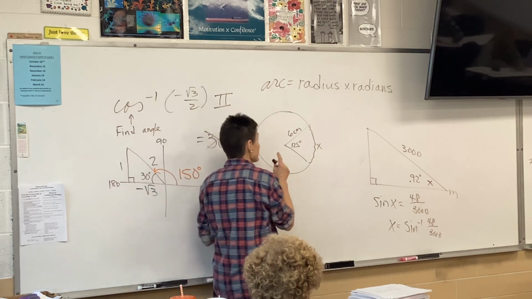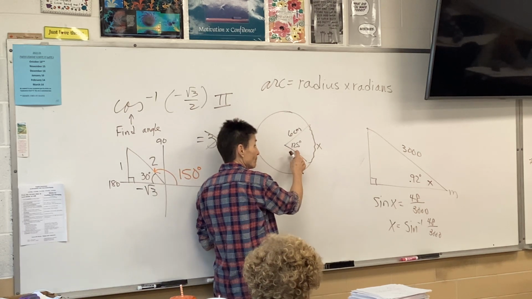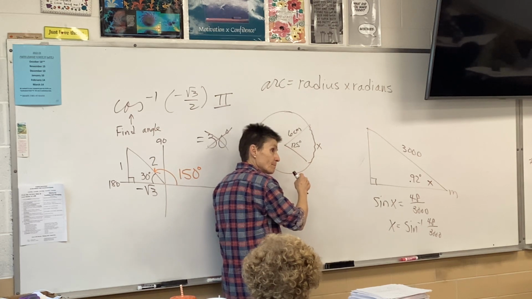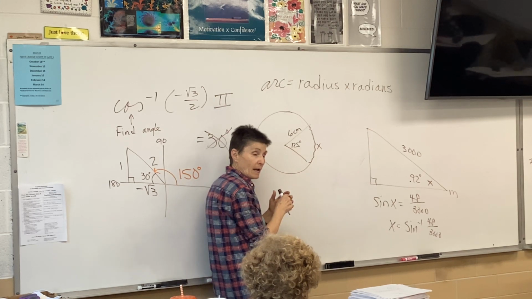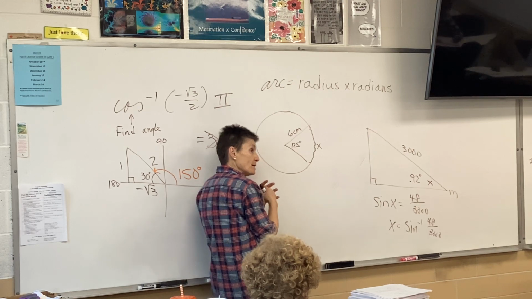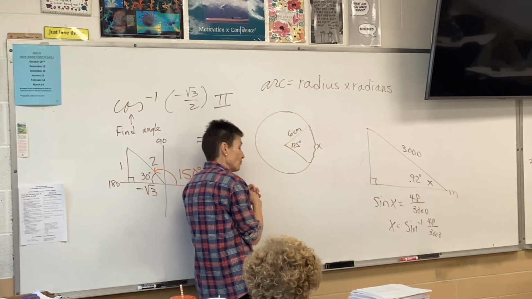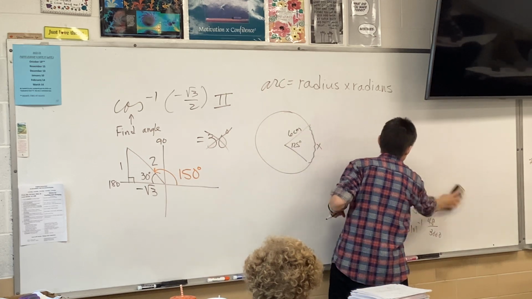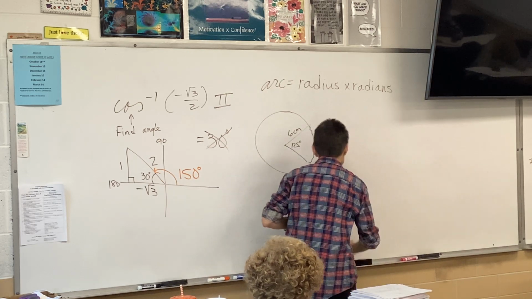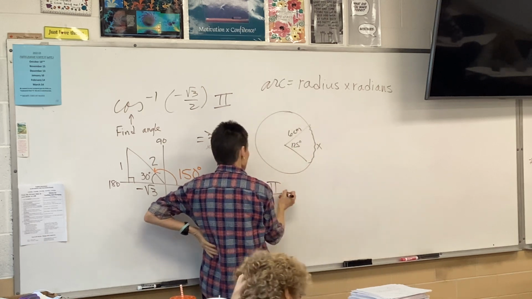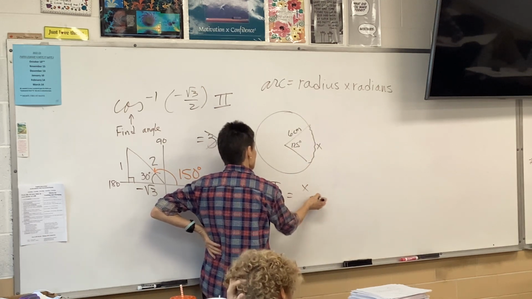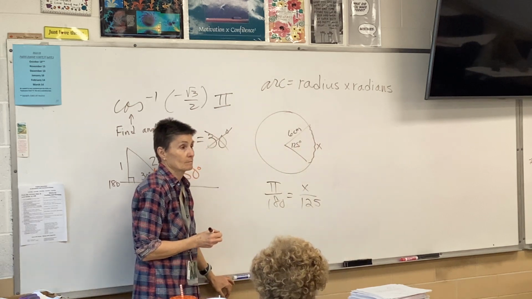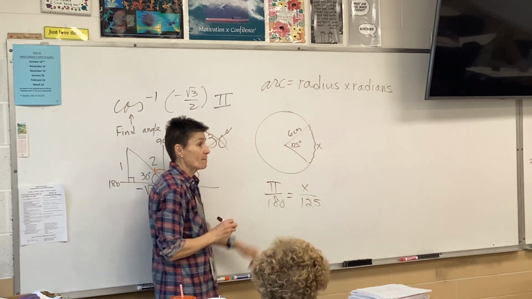So the first thing I'm going to have to do is make this angle a radian. How do I do that? How do I change a degree angle into a radian angle? Yep, that's exactly right. Pi over 180 equals something over 125, because 125 is my angle this time.